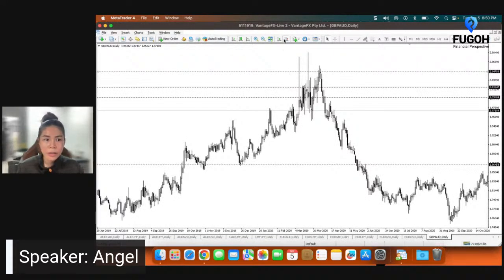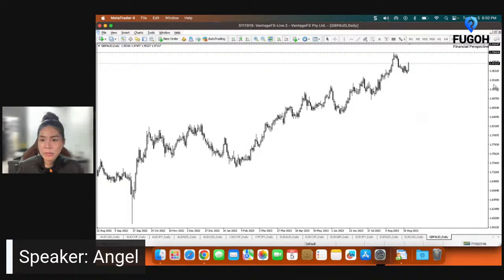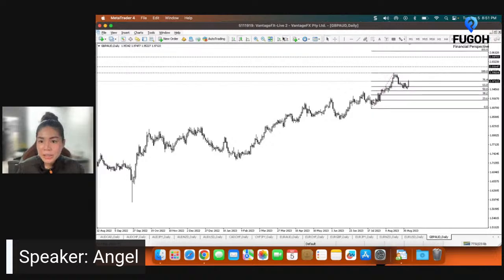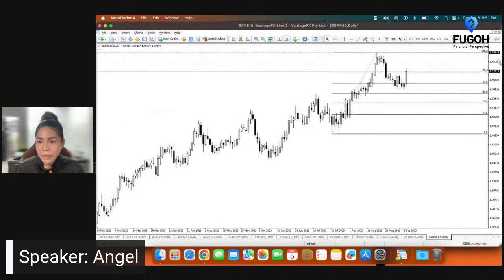Right. Let's go back to the present price. All right, cool. Let's see. This is the price action. All right, for the most recent ones, it has touched 61.8. We're late again.